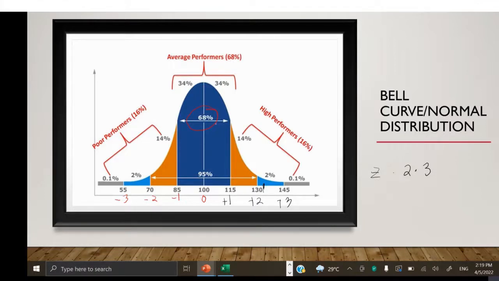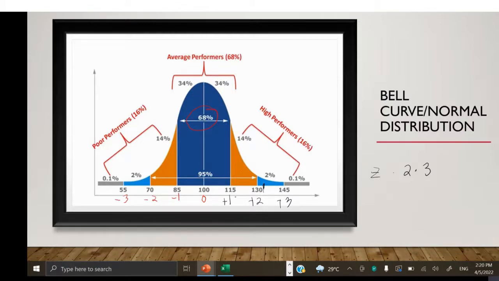For the population, normally pictured this way, 68% of the people are within this range, from -1 standard deviation to +1 standard deviation.